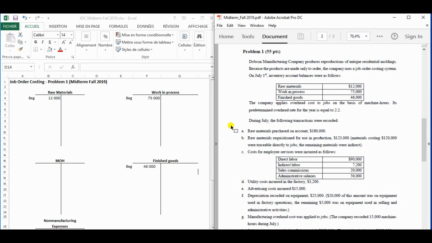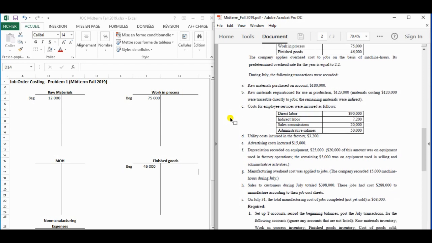So here the machine hours will be used as a cost driver. Its predetermined overhead rate for the year is equal to 2.2. So here the POR, the predetermined overhead rate, is given. Okay, so 2.2.